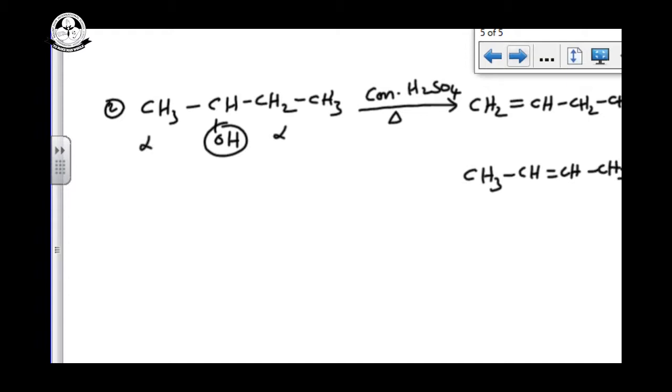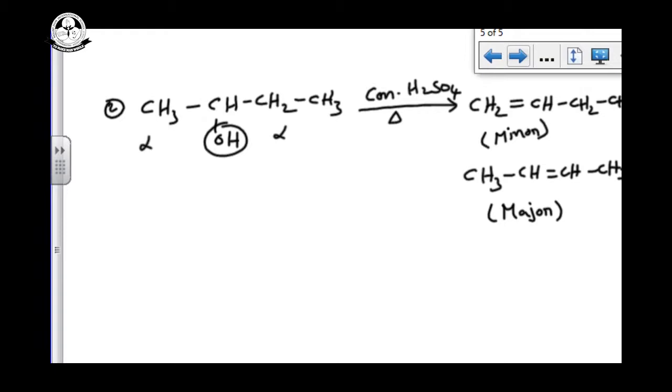Especially in competitive exams, the major problem is like this. In competitive exams, we have to decide which is the major product and which is the minor product. I am saying this is the major product and this is the minor product. Why?